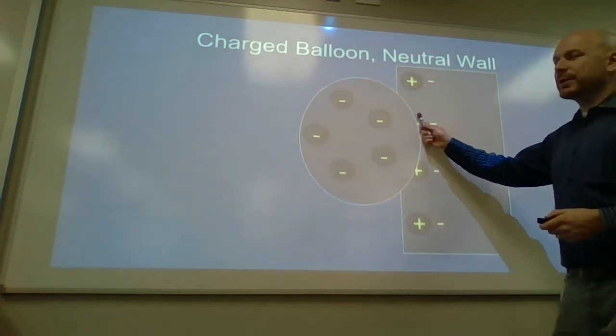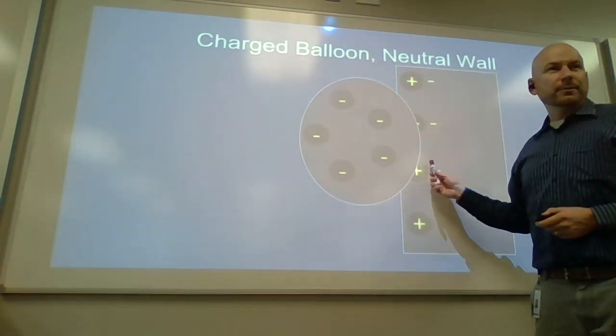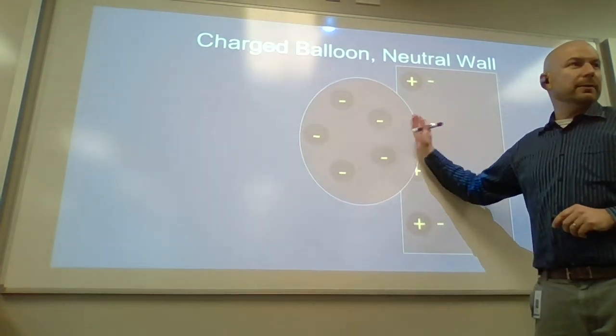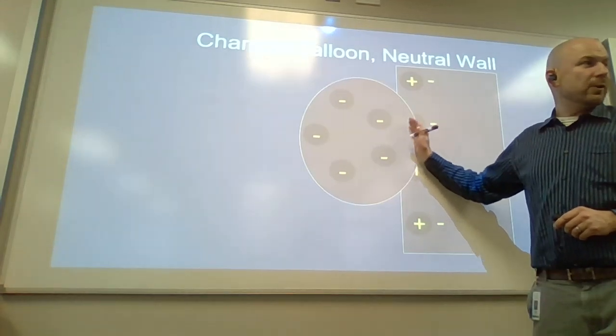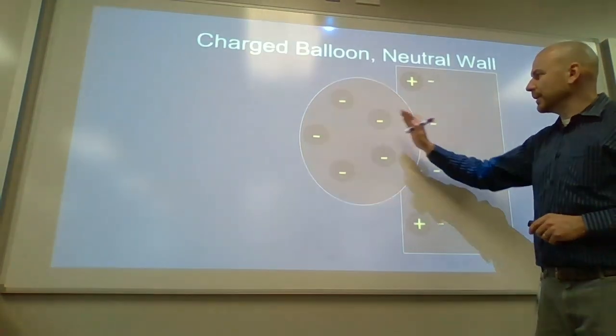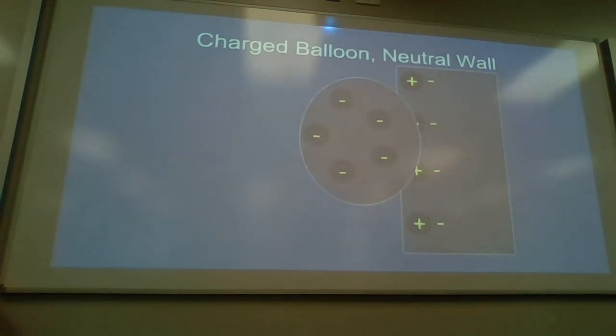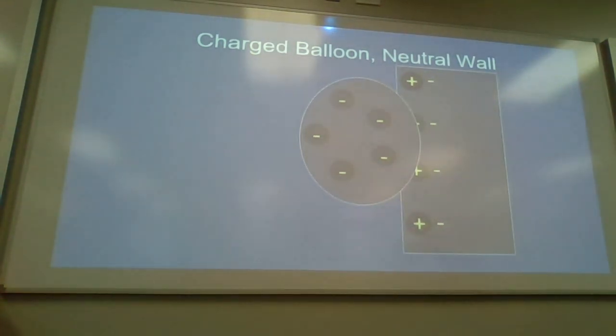And so the molecules themselves have been polarized. The fact that the positive is closer to the negative means that there's a greater force of attraction than there is repulsion between these things, so the balloon sticks to the wall. Good with that? So a charged object can stick to or be attracted to a neutral object.